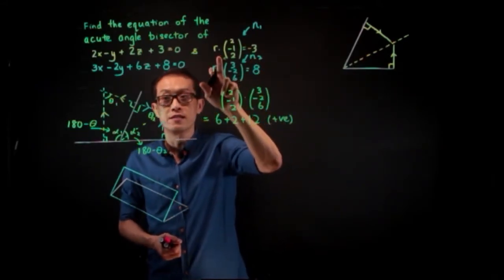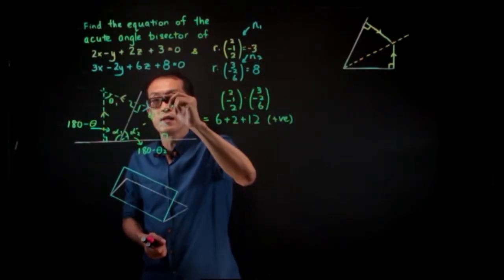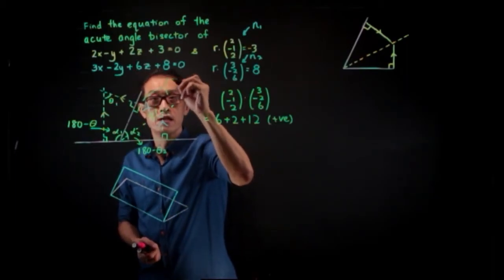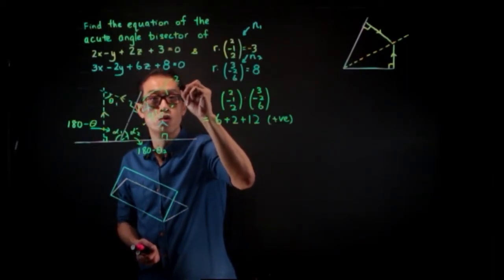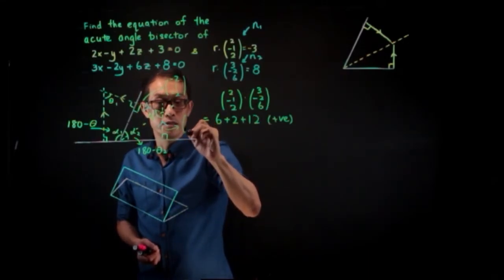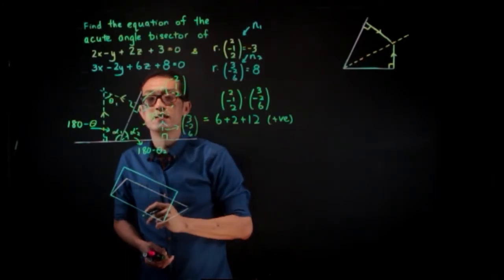Let's say we change this normal. So this normal will then be pointing in a different direction, and will be minus 2, 1, and minus 2, whereas this normal is 3, minus 2, 6. Okay?